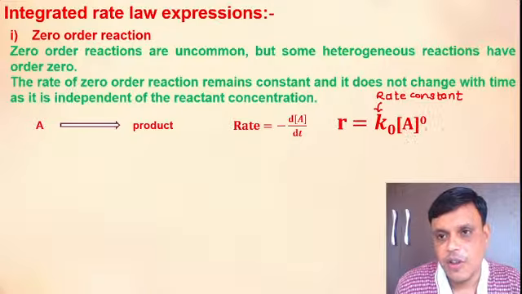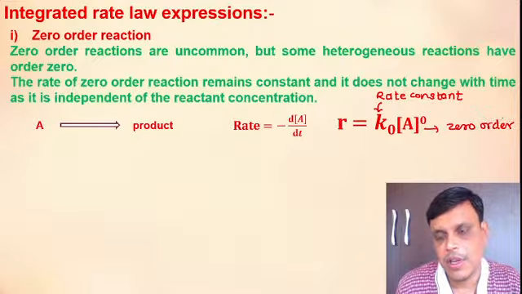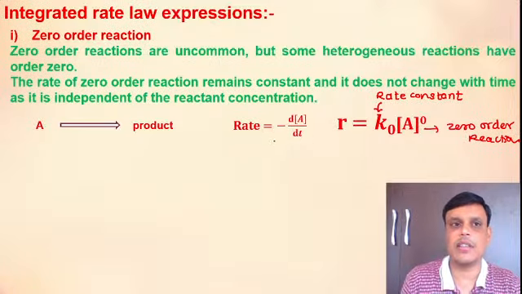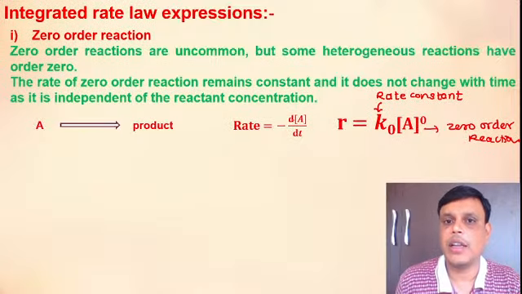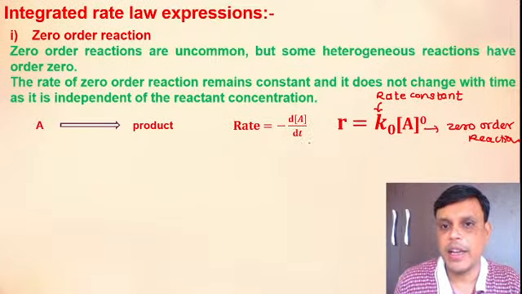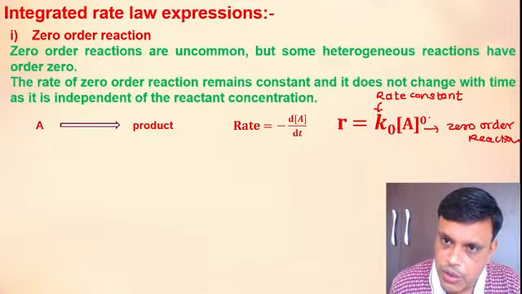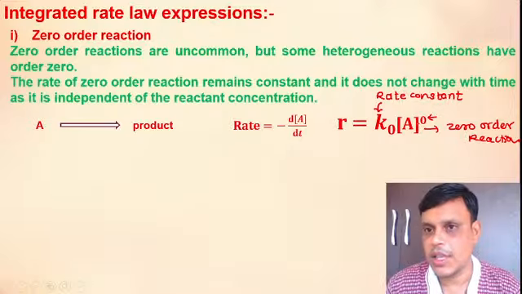And the power 0 on concentration of A indicates it is a zero order reaction. Understood how to write down the rate for these different order reactions? Rate is equal to negative d concentration of A by dt, or r is equal to K0 into concentration of A to the power 0. And why have I written this zero here? Because it is a zero order reaction.